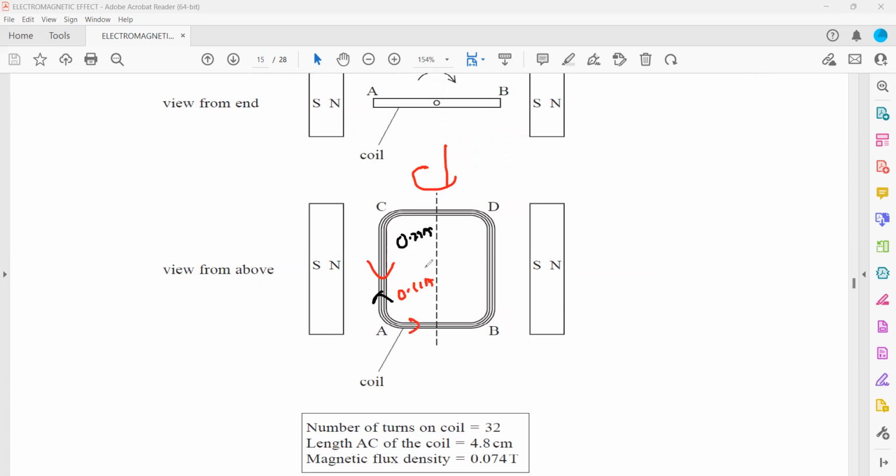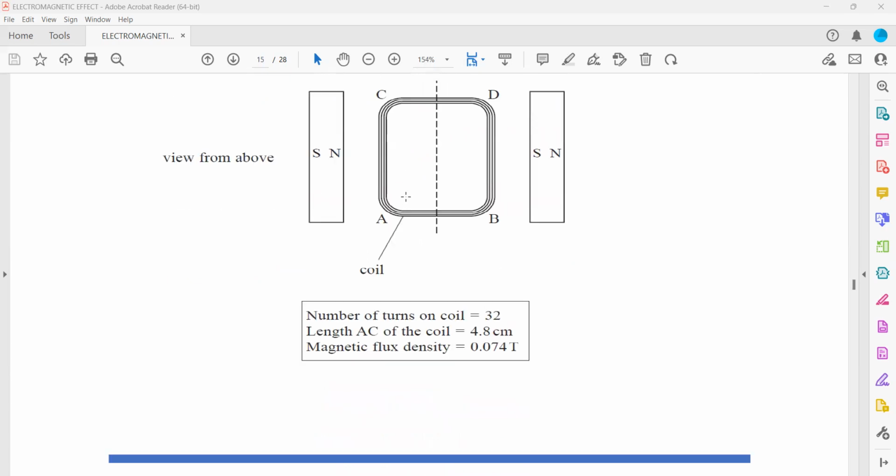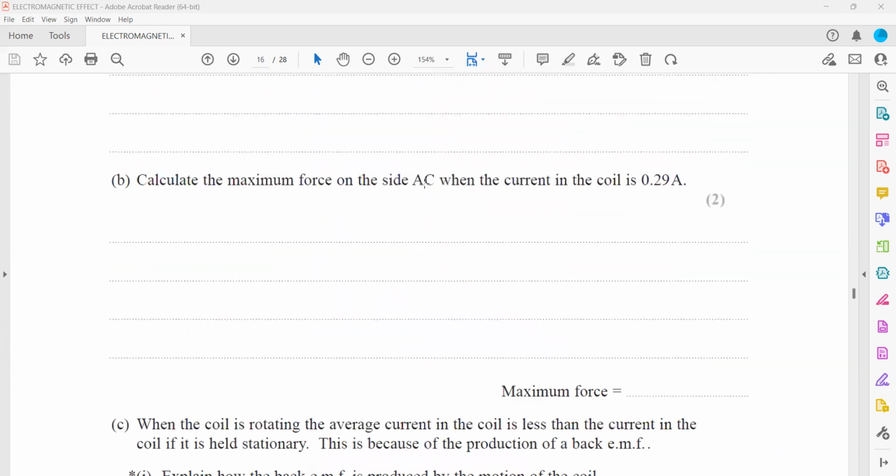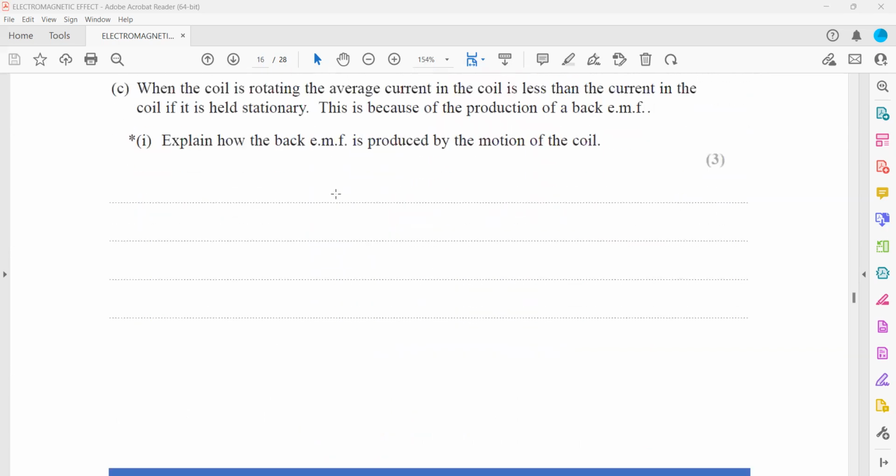It will not be 0.29. It will be less than 0.29. But when it is stationary, there is no change in the magnetic field, so there is no current produced. Because when the coil is stationary, the magnetic field does not change. If the magnetic field does not change, there is no induced EMF.